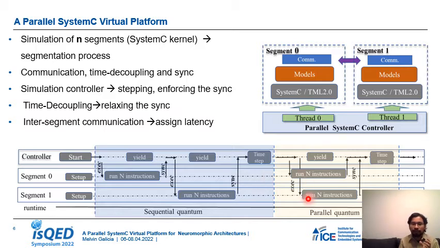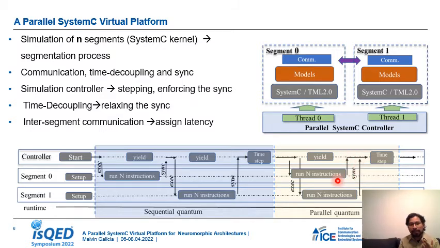But then if we run it in a parallel fashion, the controller will allow the execution in parallel of each segment, and then when they are done, they will do the synchronization.